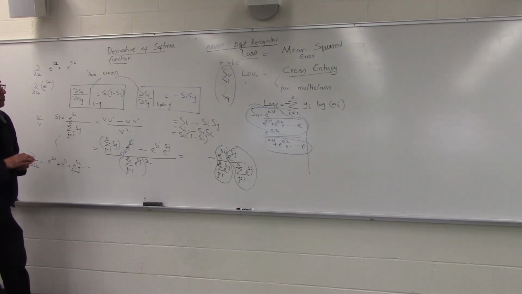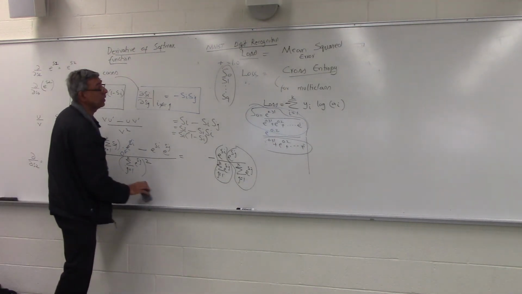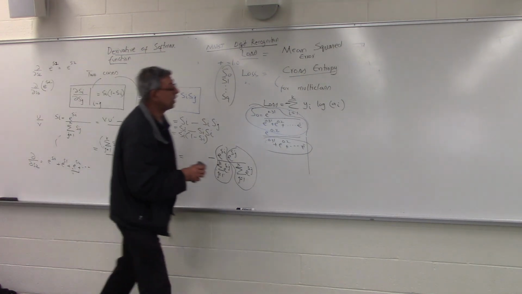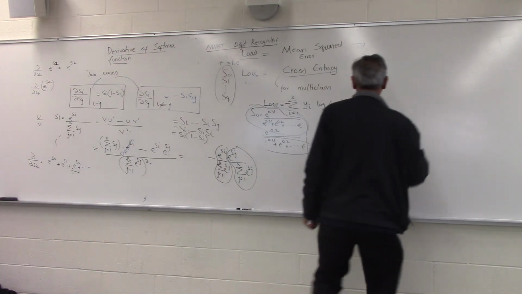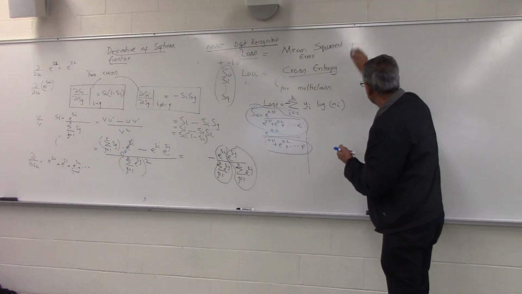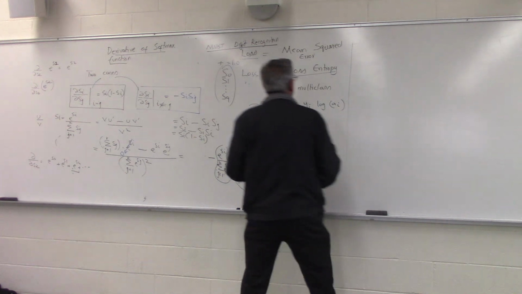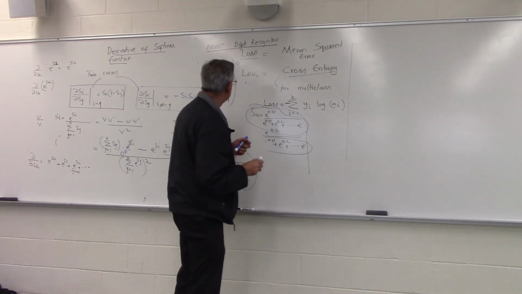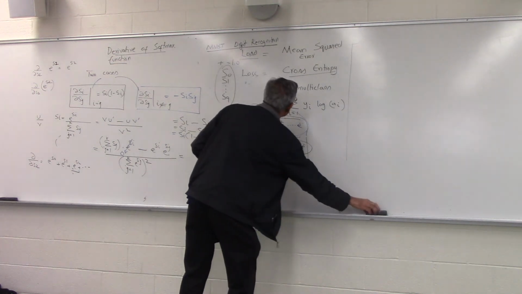So now let's go to our final useful result and tie it to our cross entropy loss. Okay, so like I said, let me do this.